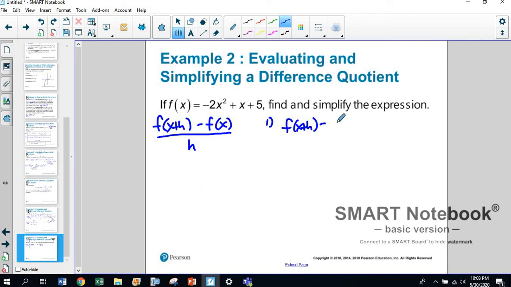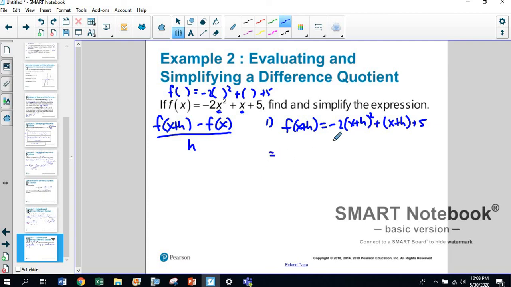Okay, so we've got negative 2 times, right? There's an x here and an x here, so 2 blank spots. F of blank equals negative 2 blank squared plus blank plus 5. So we get f of x plus h is negative 2 times x plus h all squared plus x plus h plus 5.